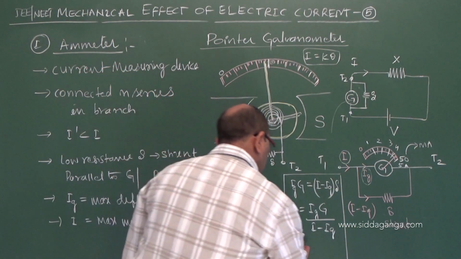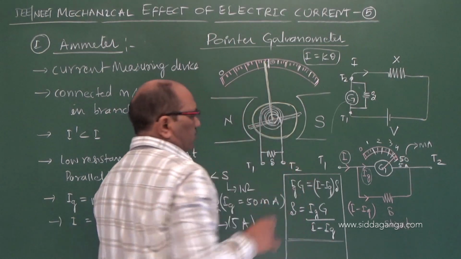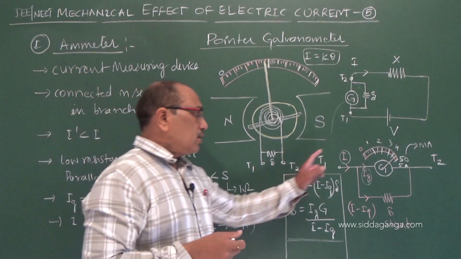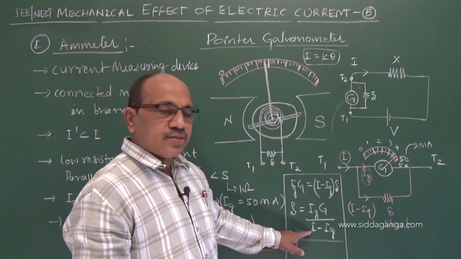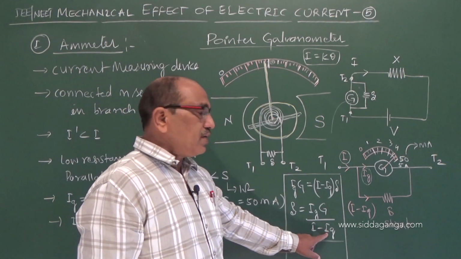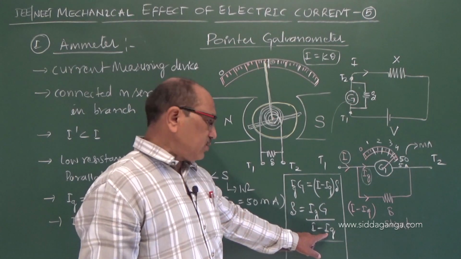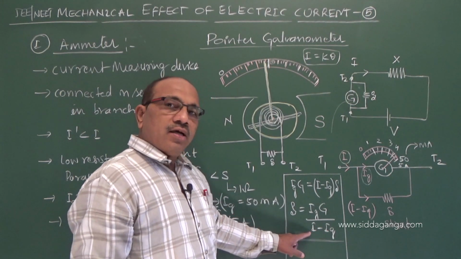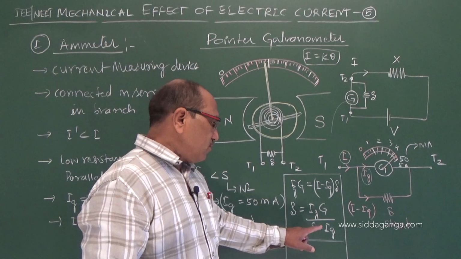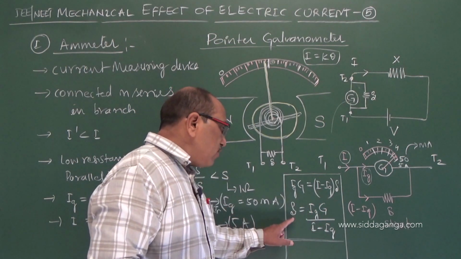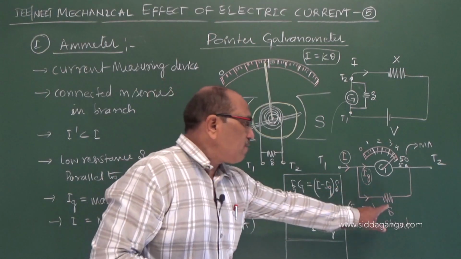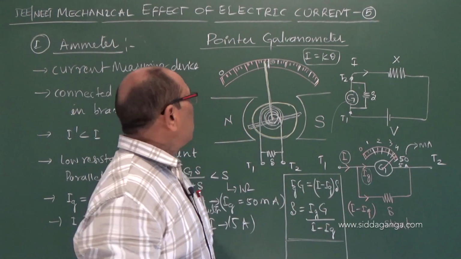This gives you the expression for converting a galvanometer into an ammeter of range I. 0 to 5 amps is the range. The range of the galvanometer is 0 to 50 milliamps. I is the range of the ammeter which I want, 0 to 5 amps. G is the galvanometer resistance. What value of S is to be connected in parallel to that?